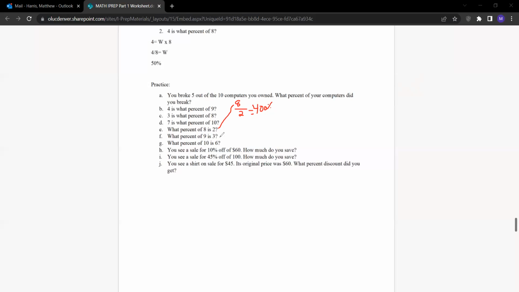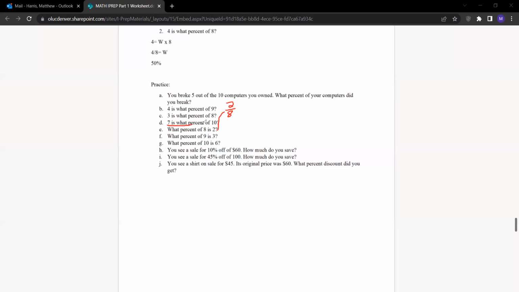What percent of 9 is 3? Oh, I did that backwards. I'm sorry. That is, what percent of 8 is 2? So this would be 2 over 8. So notice the switch.